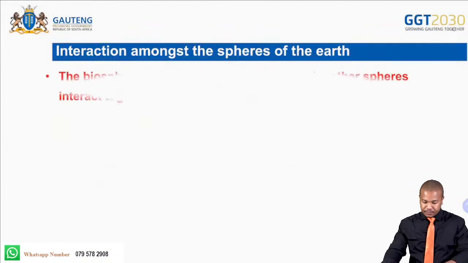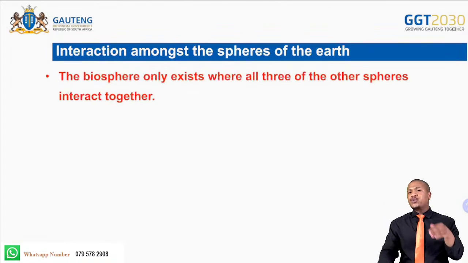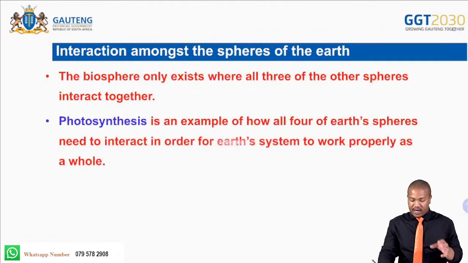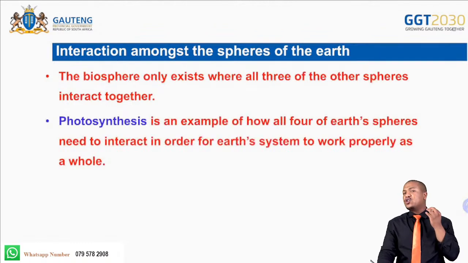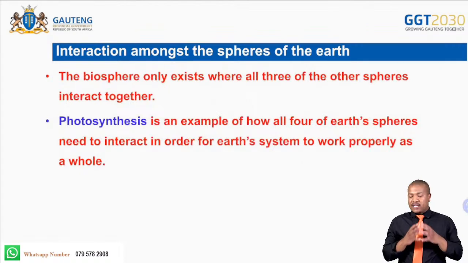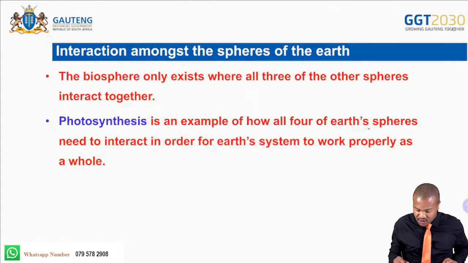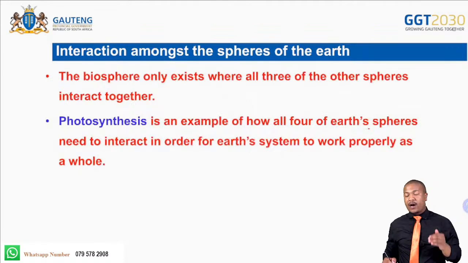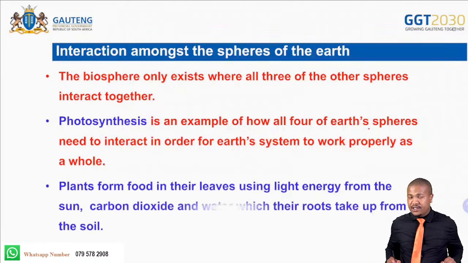Right. So the biosphere, as we said, can only exist when all the other three spheres are interacting with one another. So we're going to look at photosynthesis as an example of this interaction, right? Photosynthesis is a good example of how all these four spheres of the earth need to interact in order for the earth system to work properly as a whole, right?